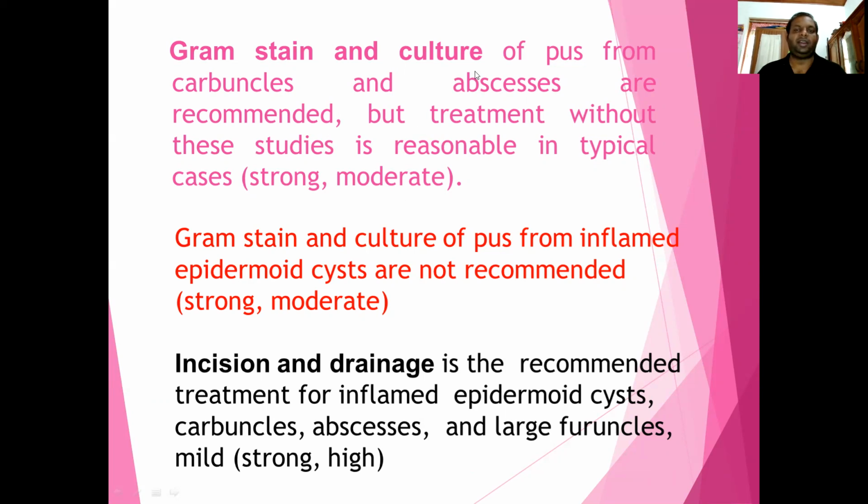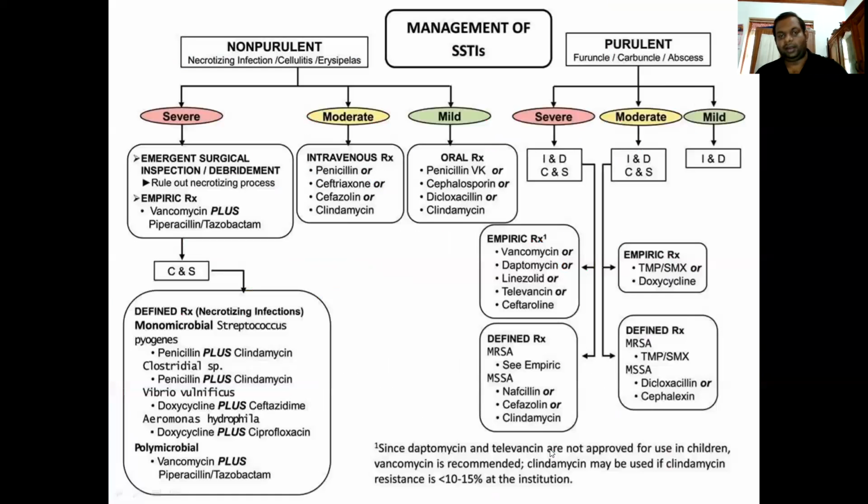Gram stain and culture of pus from carbuncles and abscesses are recommended, but treatment without these studies is reasonable. In typical cases, clinical diagnosis is enough. Gram stain and culture of pus from inflamed epidermoid cysts are not recommended. Incision and drainage is the recommended treatment for inflamed epidermoid cysts, carbuncles, abscesses, and large furuncles.